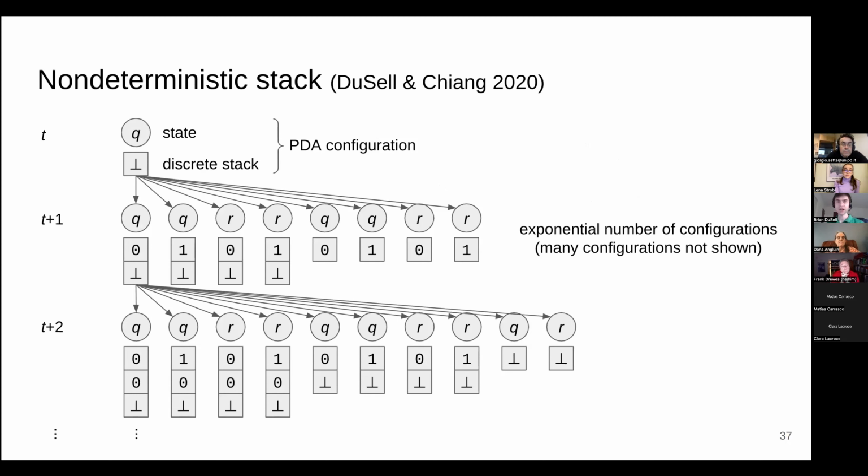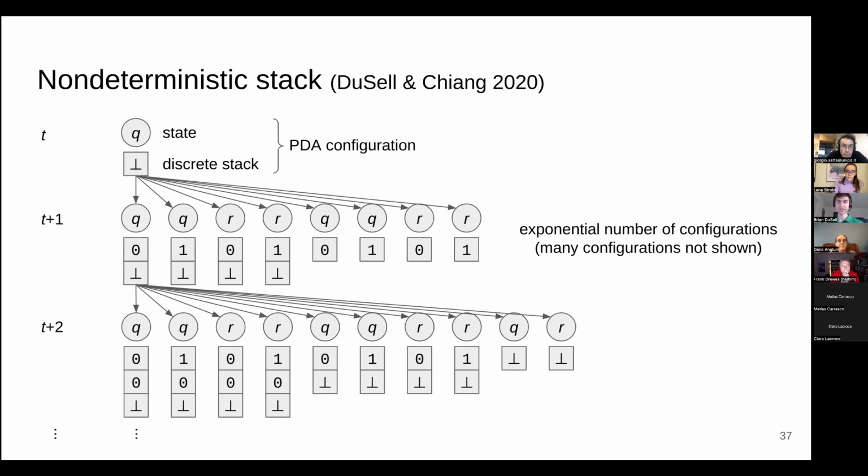Now, you can always summarize the status of a pushdown automaton with 3 pieces of information: the current input position, the current state, and the contents of the stack. In pictures, you can think of the simulation as a big tree of PDA configurations. In this picture, each configuration consists of a PDA state drawn in a circle and a stack of discrete symbols drawn as squares, and the time step is listed on the left side.